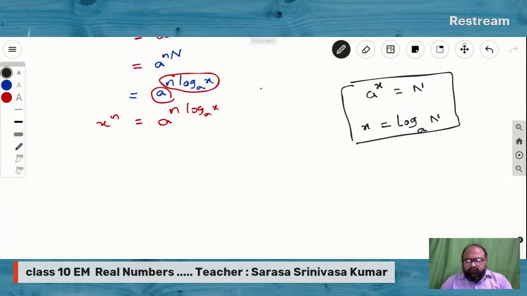Now here in this formula, in place of a, you have x power n.